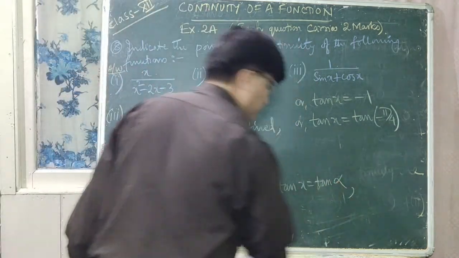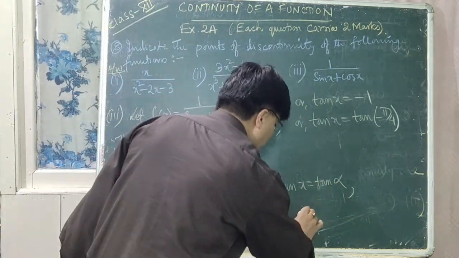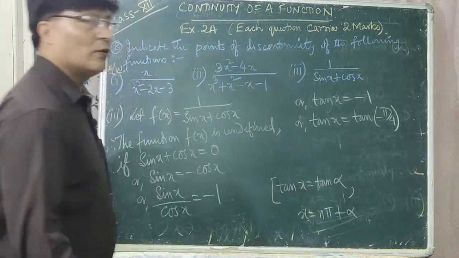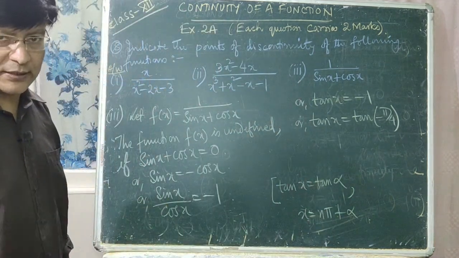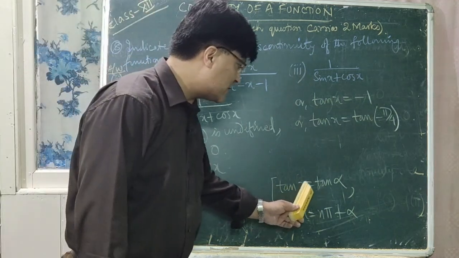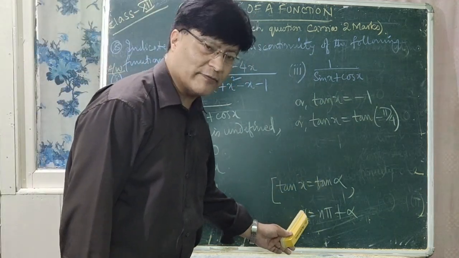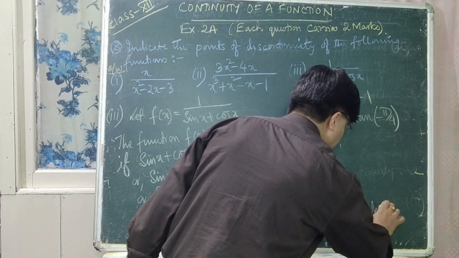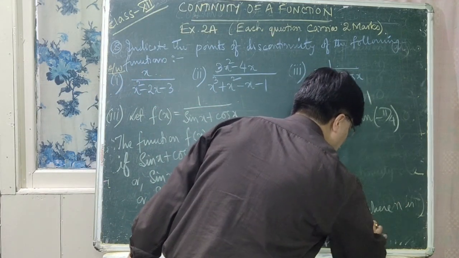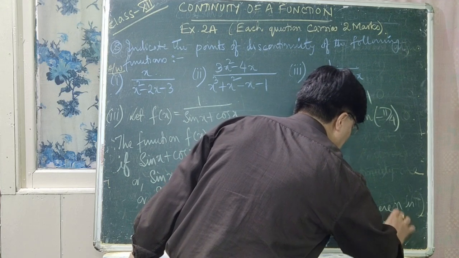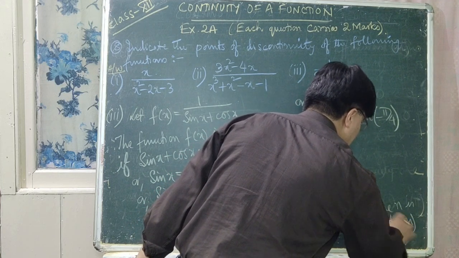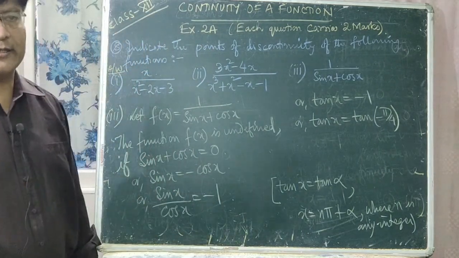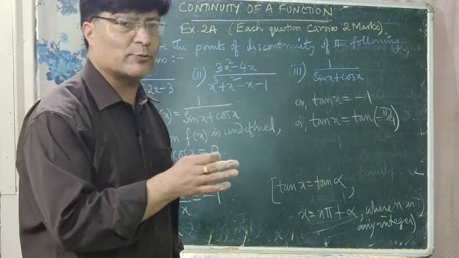If tan x is equal to tan alpha, then x is equal to n pi plus alpha, where n is any integer. Any integer means n may be 0, plus 1, plus 2, plus 3, plus 4, etc., minus 1, minus 2, minus 3, minus 4, etc.